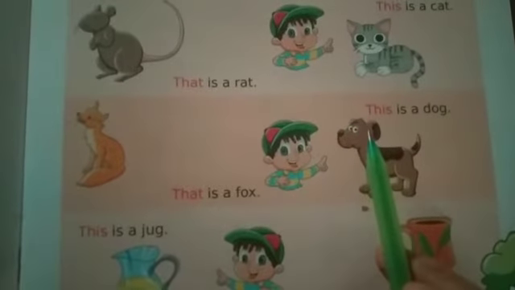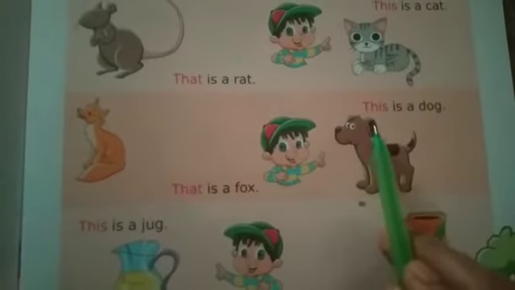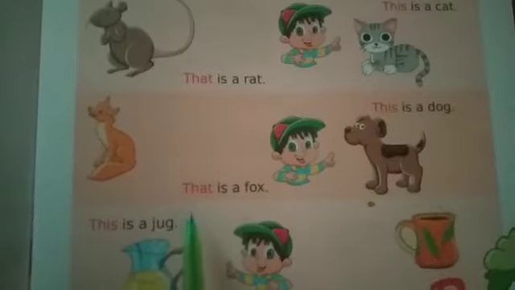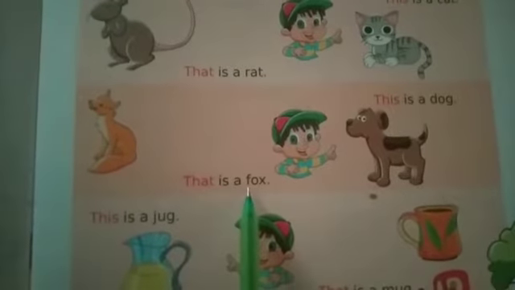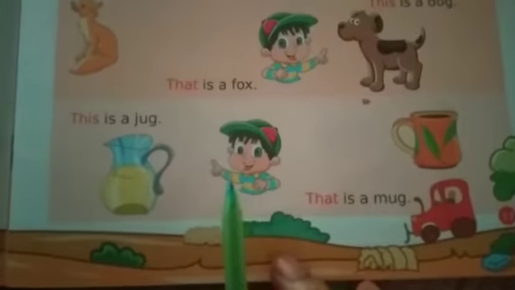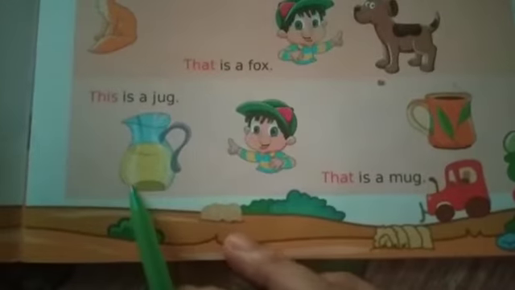Now you know very well how to read this sentence. This is a dog and that is a fox. Very good.